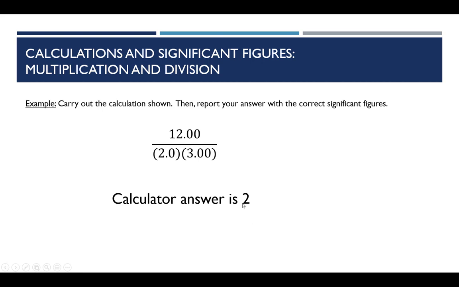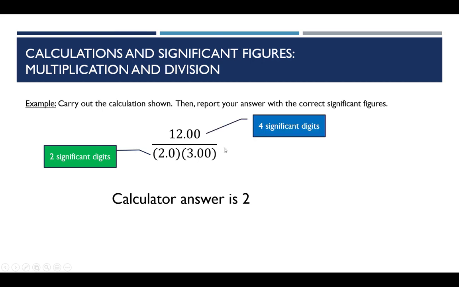We can pretty much tell already that that's not going to be correct because it only has 1 significant digit, and all of these have well more than 1 significant digit. So the 2.0 has 2 significant digits. These are all trailing zeros in a number with a decimal point. The 12.00 has 4 significant digits, and the 3.00 has 3 significant digits. So if we look at all these numbers, 2 is the least number of significant digits.